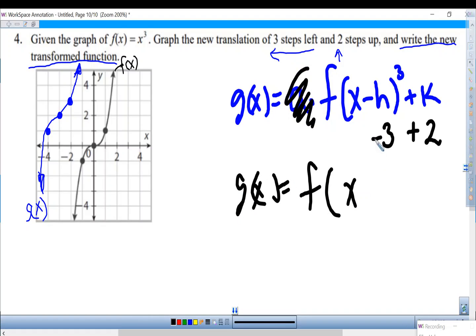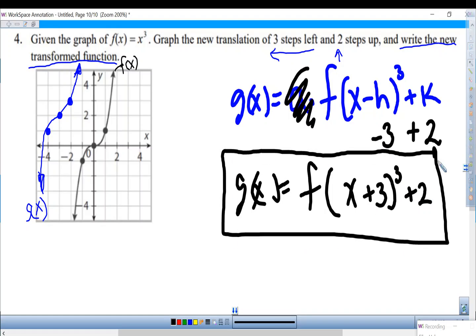Now check this out. Be careful here. Look up. This is negative 3, yes? What is negative 3 times a negative? Positive 3 cubed plus 2. And this is our new function. So once again, you need to write your general rule. Just substitute the values of whatever it is that we did. And that's the end product. Yes?